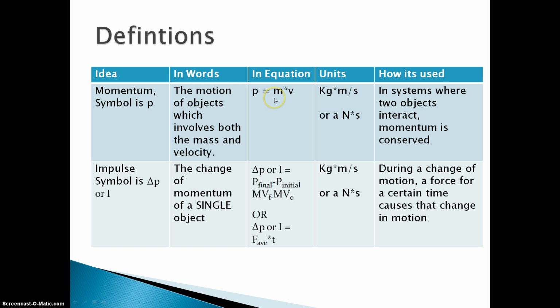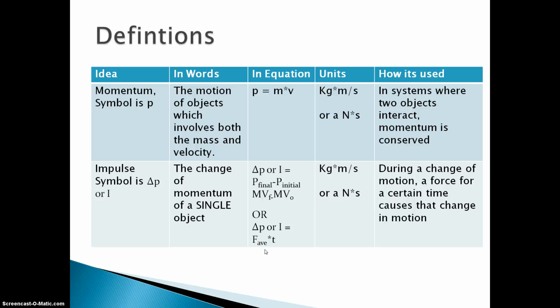But if you're really interested, mass times acceleration is a force, and acceleration is velocity over time. If you derive it, you end up getting that impulse is also a force times the time. Notice this is the average force, because force can change; it's the overall average force times the time. That's also the change of motion, which makes sense. If you want to change something's motion, you need to have a force on it for some time.